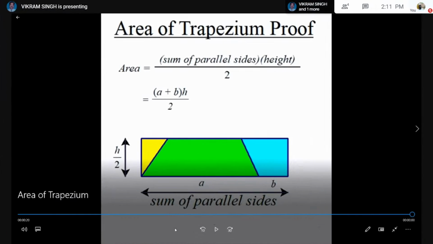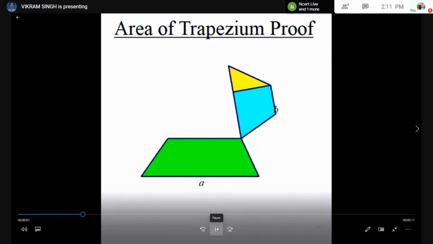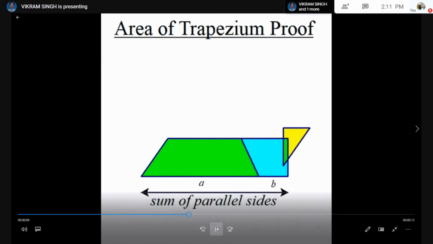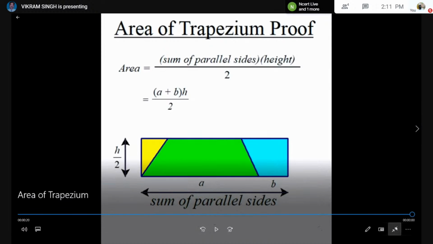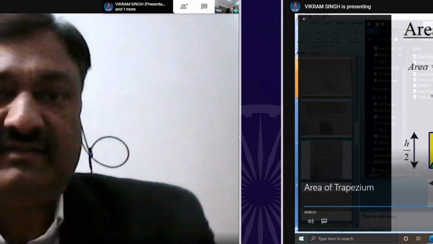Let us see it once again how it happened. Similarly, we have another concept, the same kind of concept, which is the sum of the exterior angles of any polygon.